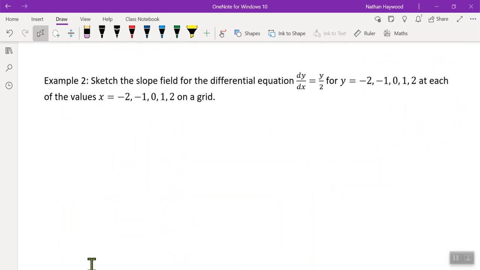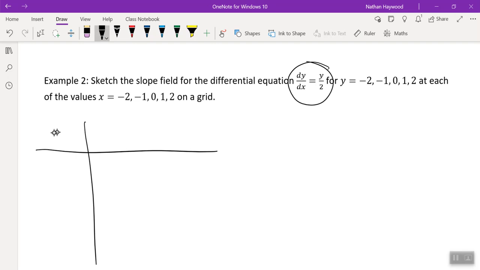Now the differential equation or slope equation in terms of y. Let's try this. Same sort of table again, but it's in terms of y. So what's the first column?